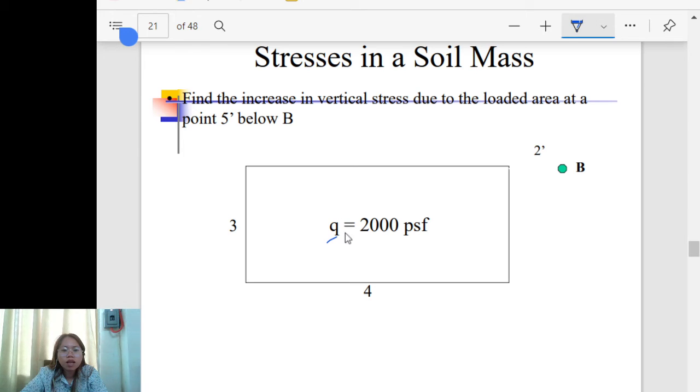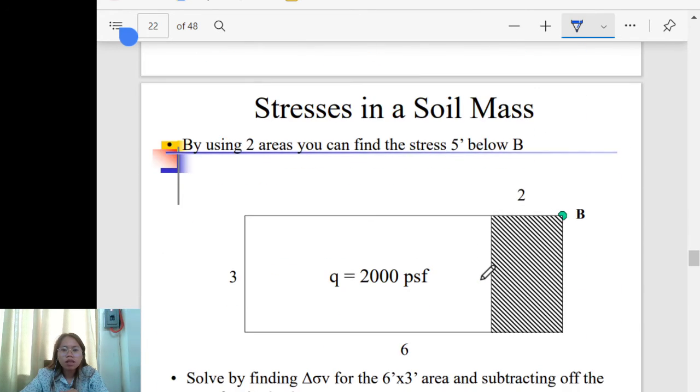What we will do is multiply this with the coefficient. Below, we are asked to determine the vertical stress due to the loaded area at 5 feet below P. So where is B? B is here. The distance is 2 feet, from here to here.